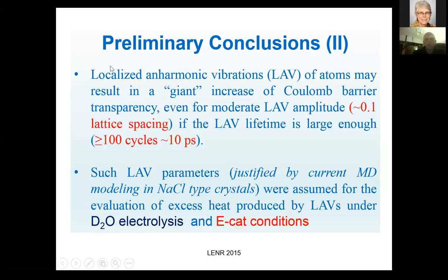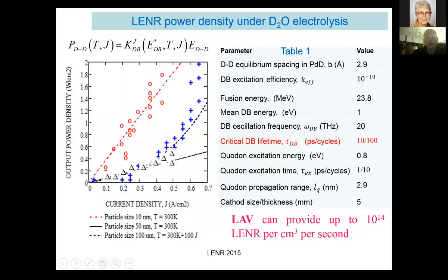And based on this understanding, we can construct the rate theory of LENR, which can be compared either with excess heat production under the electrolysis of heavy water or under the conditions of ECAT by Rossi, Parkhomov, and others.